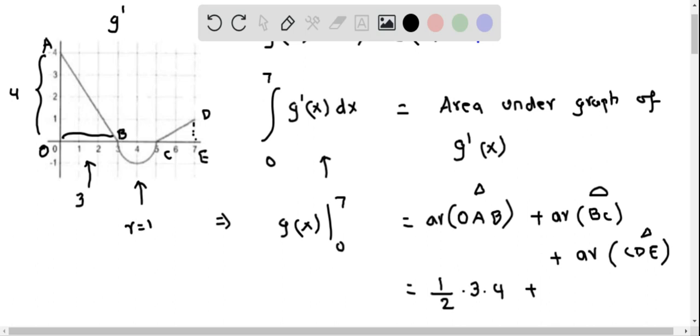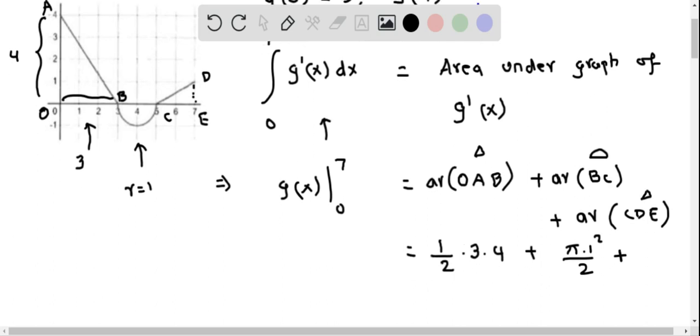The area of the semicircle is pi r squared divided by 2. So we can replace r by 1, so this becomes pi times 1 squared divided by 2, plus the last triangle. The base of this triangle is 2 units, and the height is 1 unit. So we can write this as half times 2 times 1.